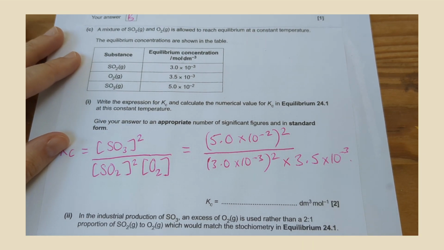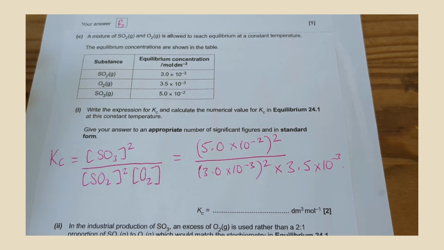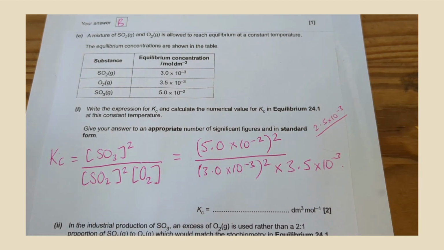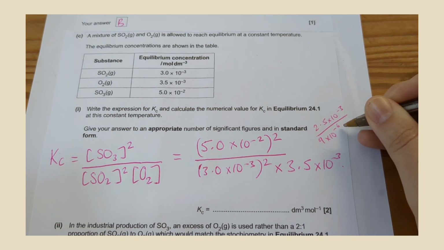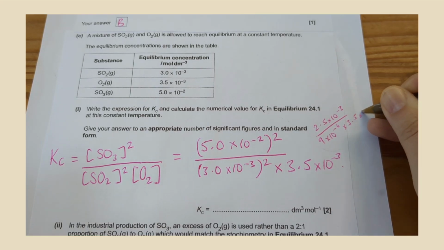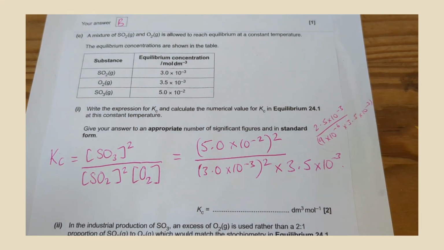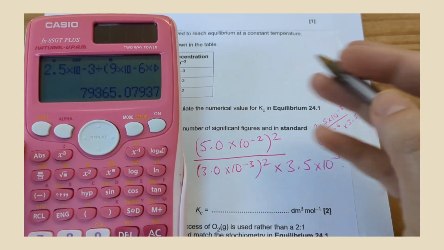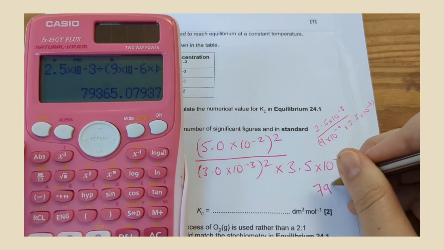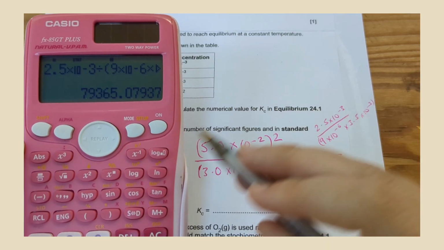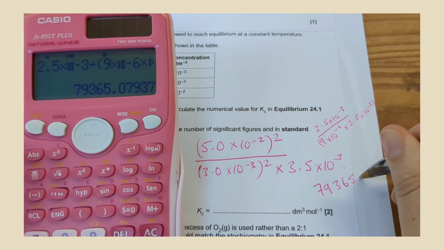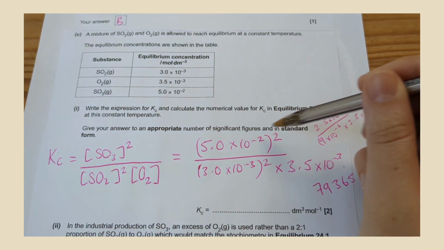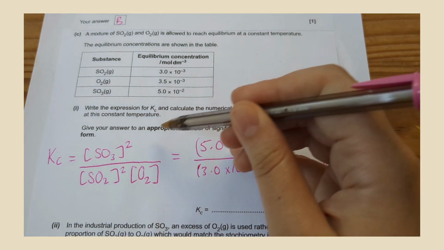Pop that in our calculator and work out an answer. So we should end up with a really big number. So I'm going to jot that here, 79365.07. So I'll leave it to the nearest whole number. But what does the question say? Appropriate number of significant figures and in standard form.